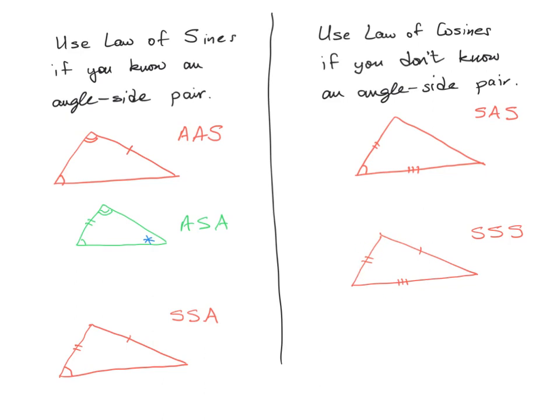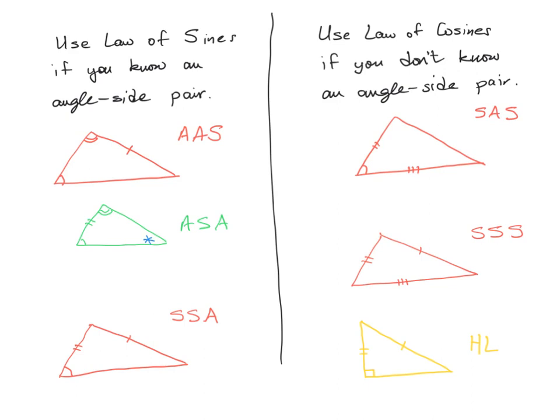Now there's one other congruence theorem we learned which doesn't really need any of these. So let me show you what that looks like. That congruence theorem was the HL congruence theorem. Because it's HL, hypotenuse-leg, we automatically know we have a right triangle. So we're not going to bother with the law of sines or the law of cosines. We're just going to use SOHCAHTOA.